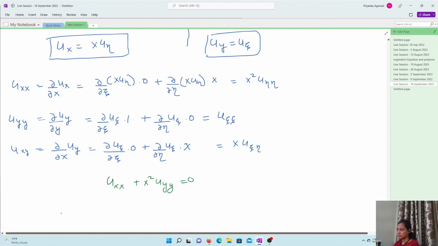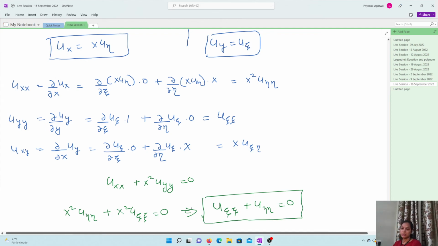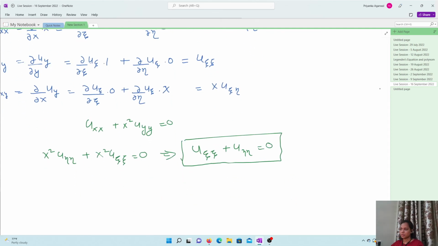Now if you substitute, this becomes x square u neta neta plus x square u xi xi equals 0. So this equation becomes u xi xi plus u neta neta equals 0. And this is what is called the canonical form.